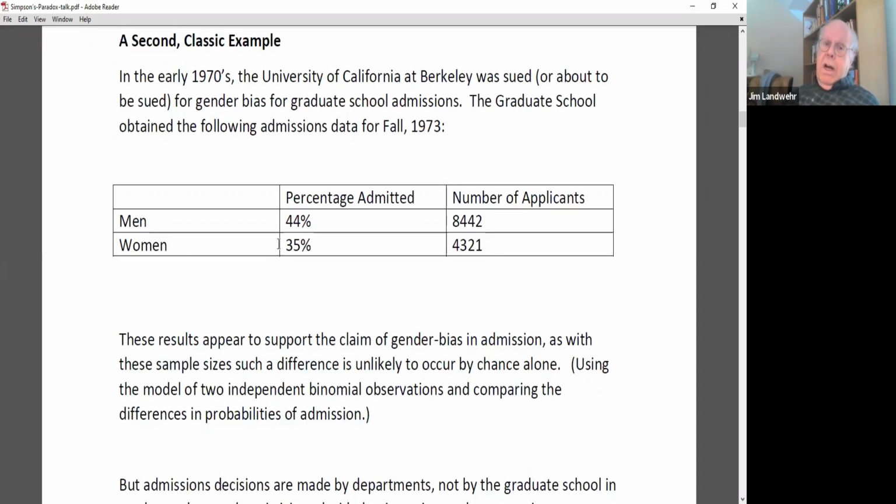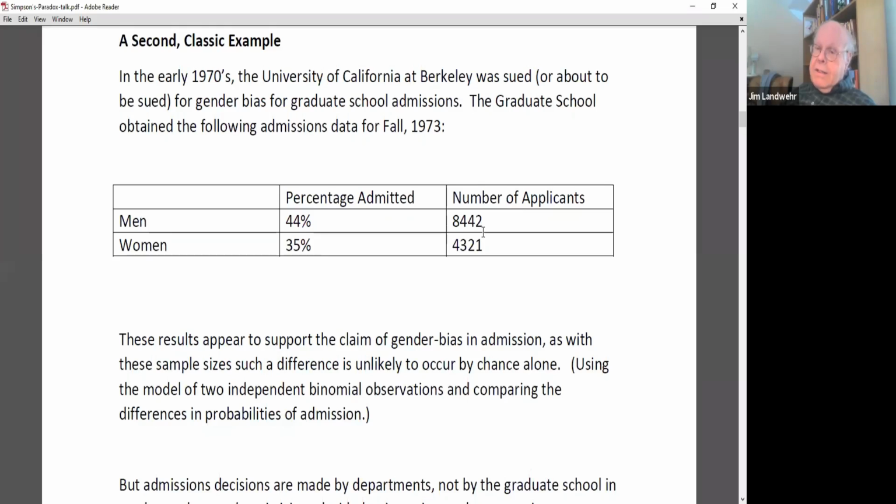So a substantially bigger percentage of the men were admitted than women. And the sample sizes are pretty big, so this is not just a small sample variation by chance. This looks substantial, and Berkeley was worried about getting sued because of this big disparity.